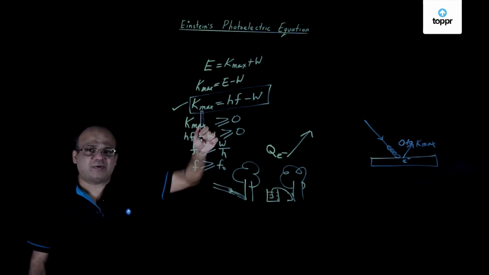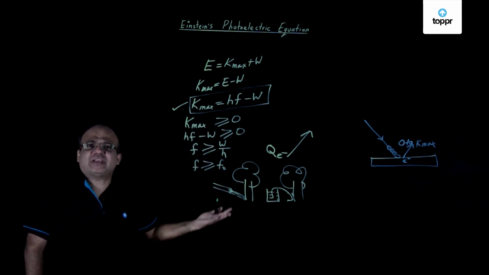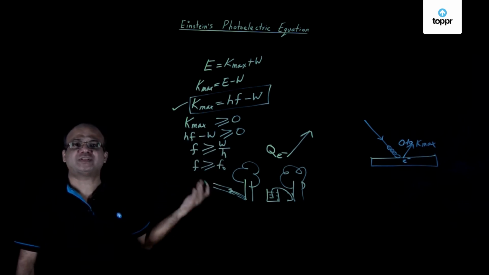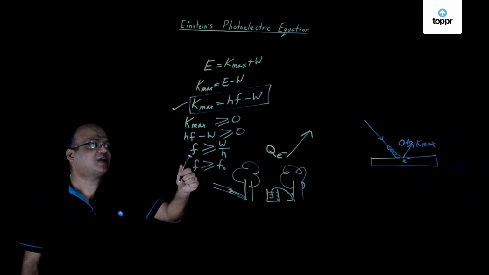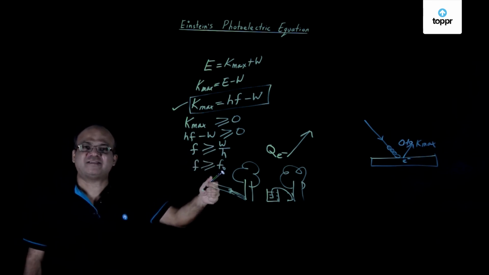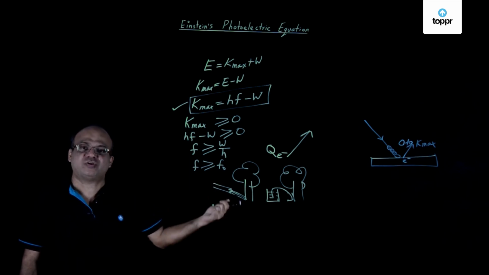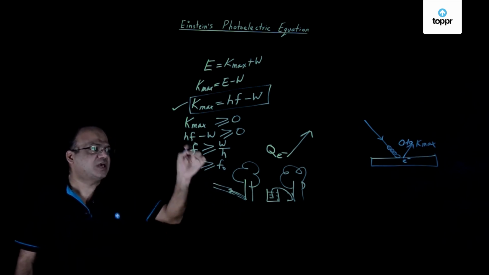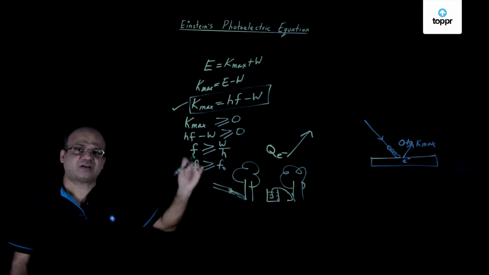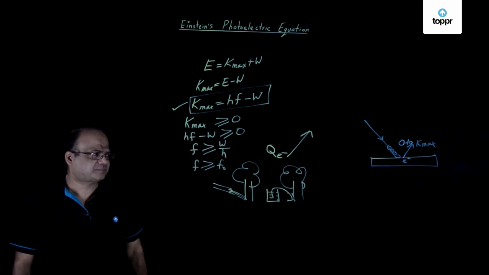For the electron to come out, Kmax has to be greater than or equal to 0. That is, hf minus work function has to be greater than or equal to 0. From here we get frequency greater than or equal to work function by Planck's constant, and that is the threshold frequency. Therefore, if frequency is less than threshold frequency, the photoelectric effect will not occur.